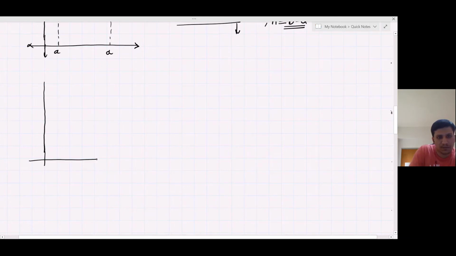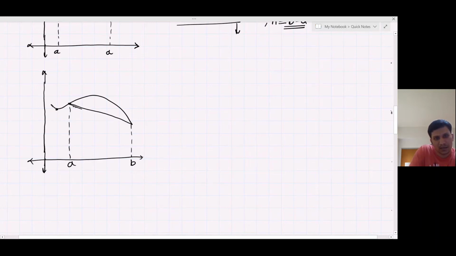Suppose we consider this curve. We want to perform the integration between a to b. If we fit one straight line, then the error will be this much.